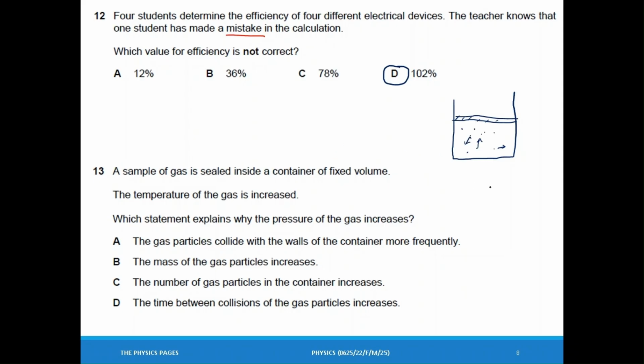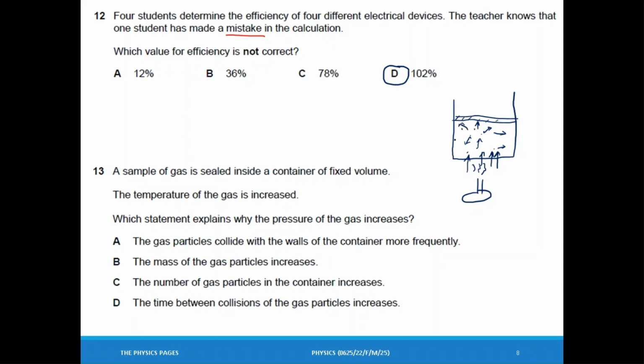But once you apply temperature from outside by having fire, what happens? The heat enters the container. When heat enters the container, the average kinetic energy, or you can say the total energy of the gas particles, increases. That increases their motion, and they become more vigorous, more quick.